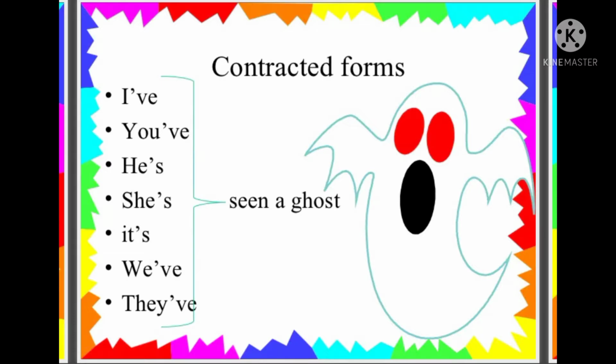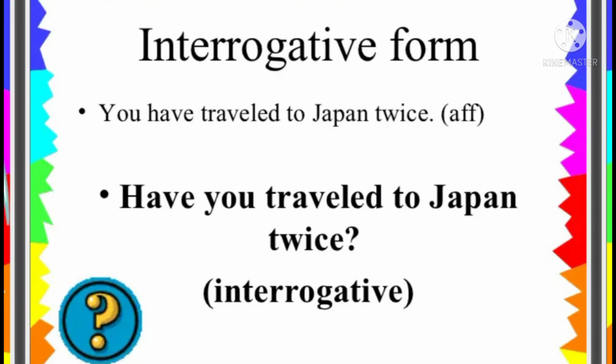If it is I, I've, you've, she has, she's, it's, we've, they've seen a ghost. Okay, see, in order to make it in a contracted form, we drop the ha of have, and for has we take the s.